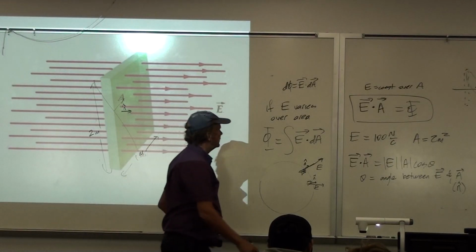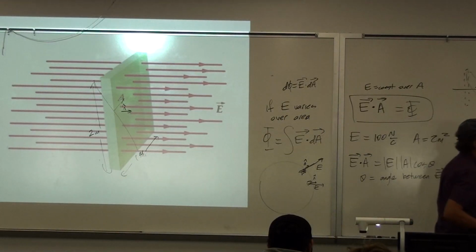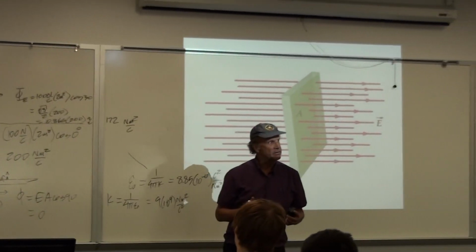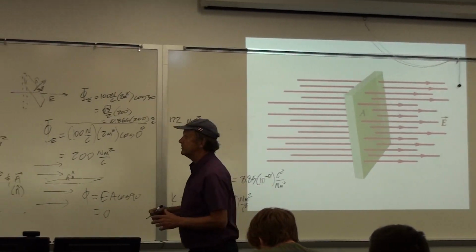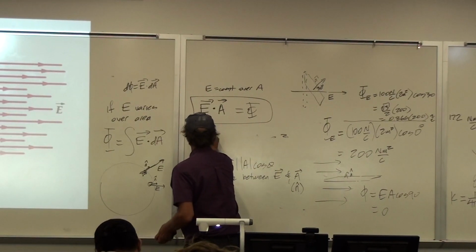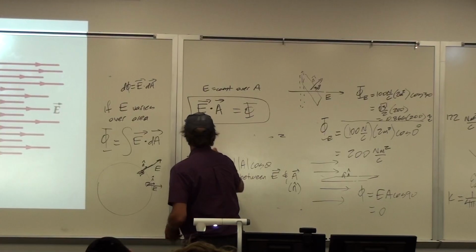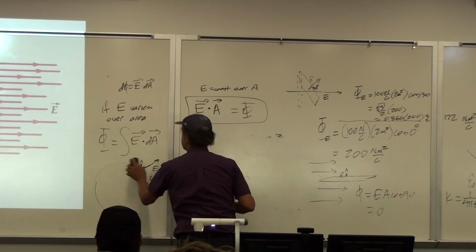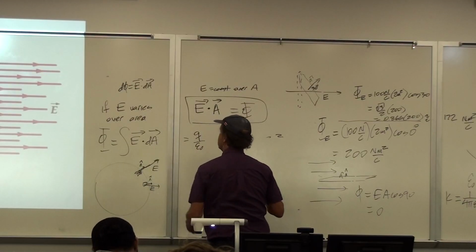And so we can say, well, what did we decide before? We said before that what causes this is charge, and that the electric flux is proportional to charge. So we can write this then as Q over epsilon naught, where Q is the charge that's inside of the surface defined by A.